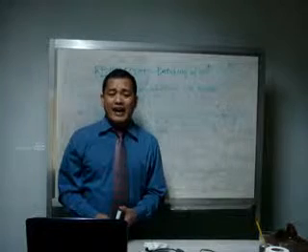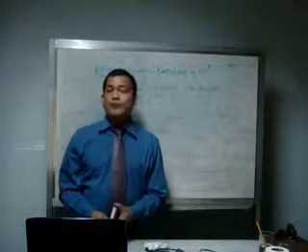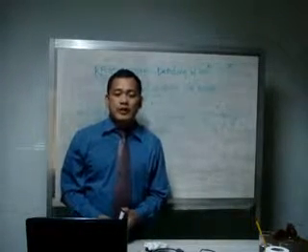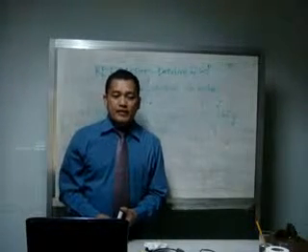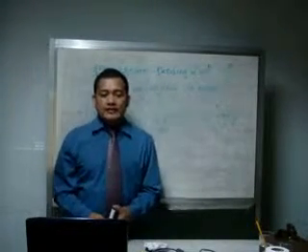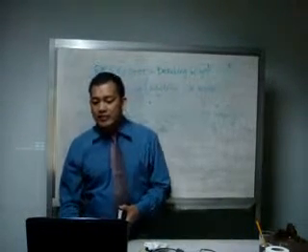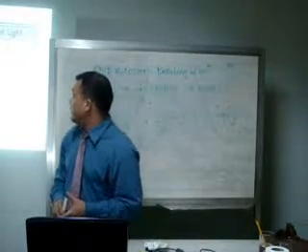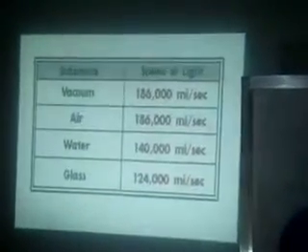Why does light bend? Light only bends when it passes from one substance to another substance with a differing density. In air, light travels at about 186,000 miles per second. So here is the speed of light as it passes through differing substances.